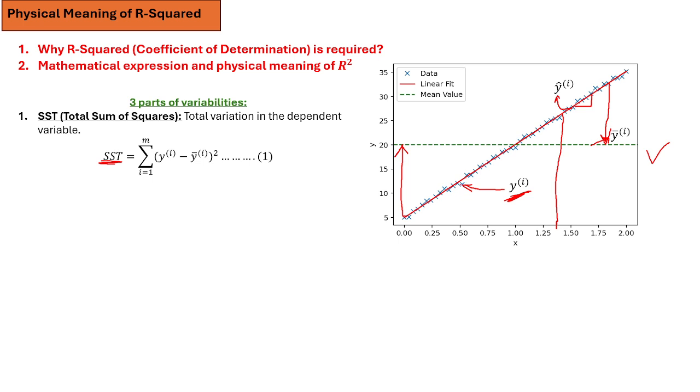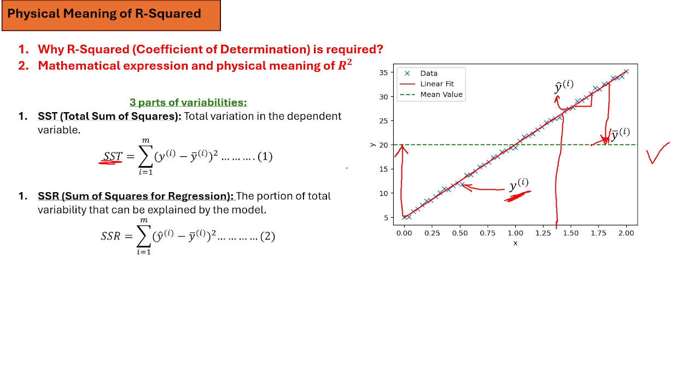So in this process, we try to fit it, and then we check how much our prediction line has been able to capture this variability. And that is represented by the next variability term, which is called SSR, or sum of squares for regression. The portion of total variability that can be explained by the model.